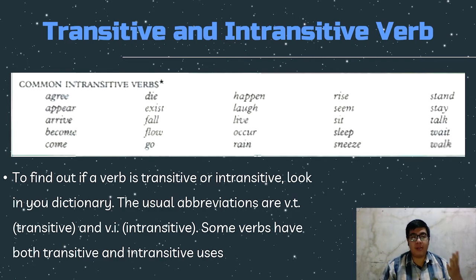But to find out if a verb is transitive or intransitive, look in your dictionary. The usual abbreviations are v.t. for transitive and v.i. for intransitive. Meanwhile, some verbs have both transitive and intransitive uses. Thank you.